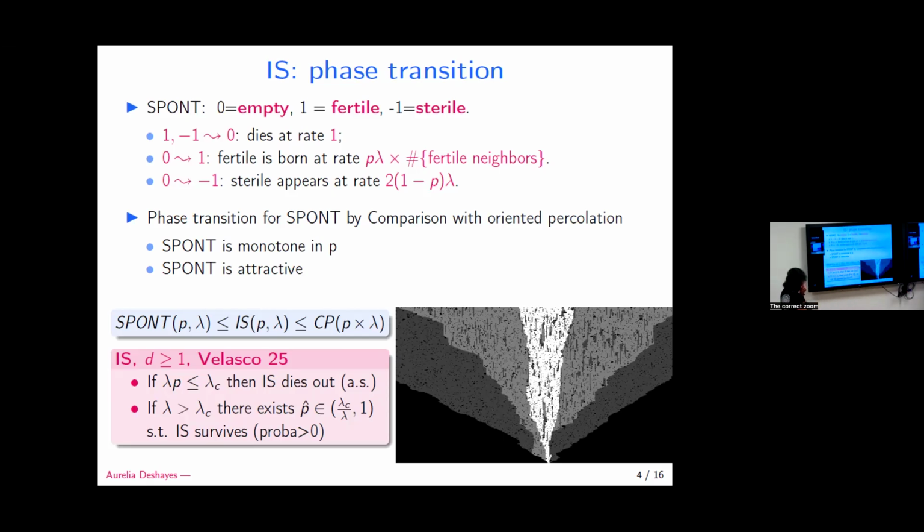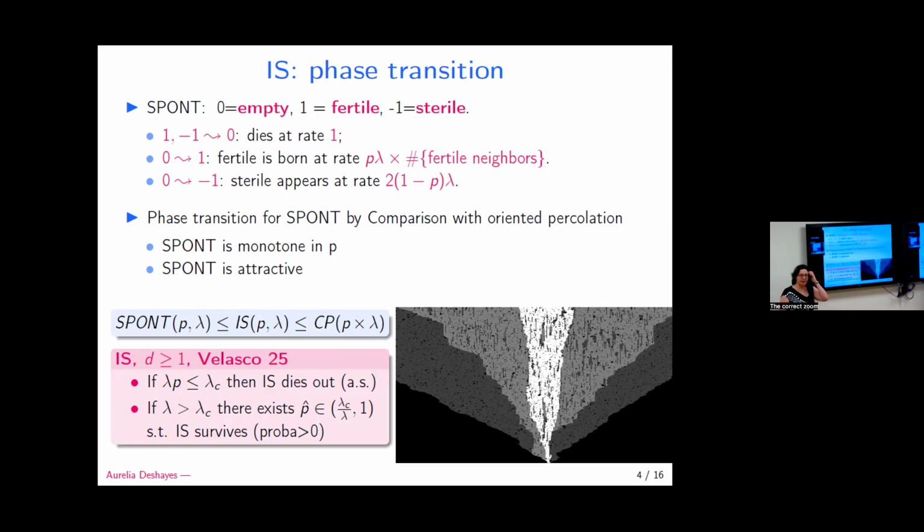There is still a lot of interesting questions about the phase transition. I will come back at the end of the talk. Sorry, in your picture, time is upwards? Yeah. In the community of contact process, we always take time upward.